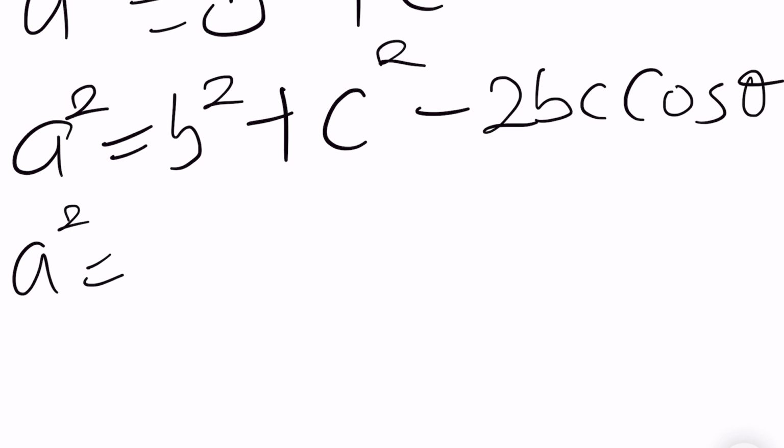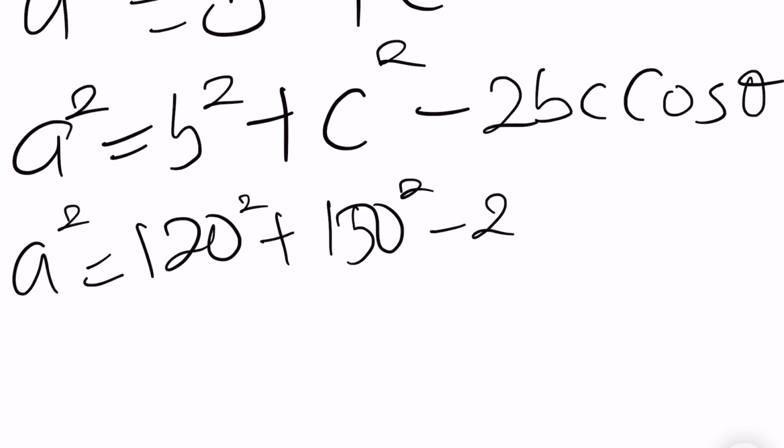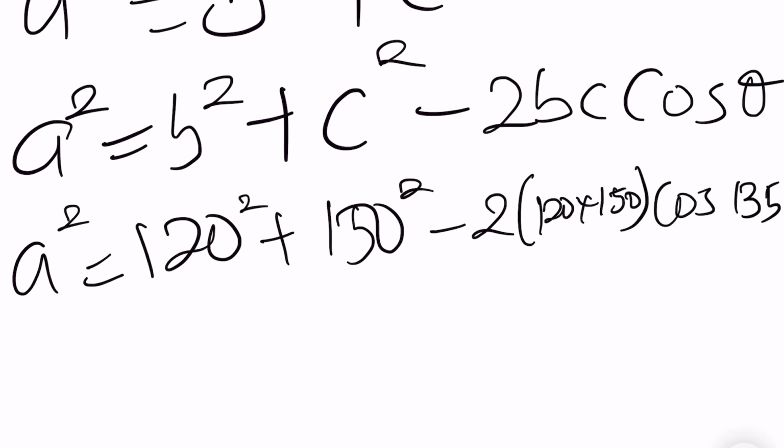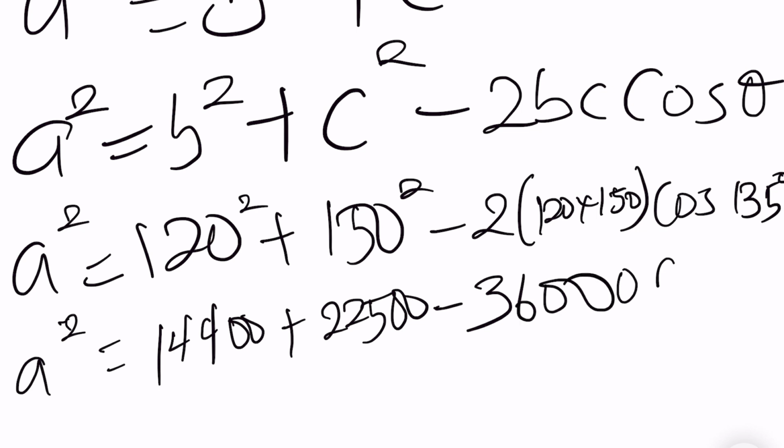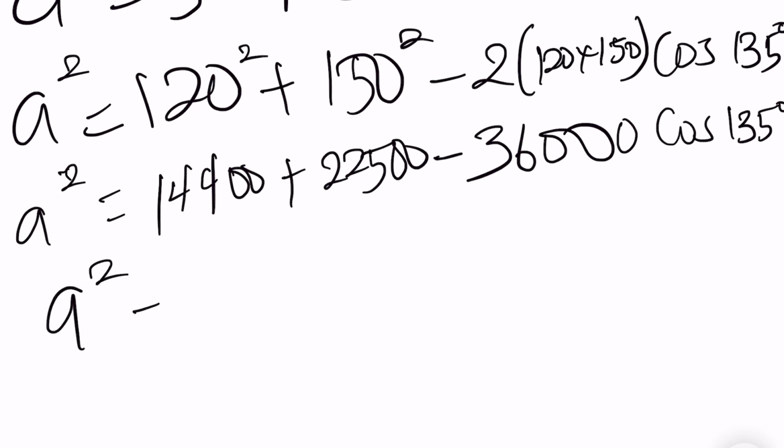Our a squared will be, now b is 120, so we have 120 squared plus 150 squared minus 2 into bracket 120 times 150 cos 135 degrees. So we have our a squared to be 14400 plus 22500 minus 36,000 cos 135 degrees.